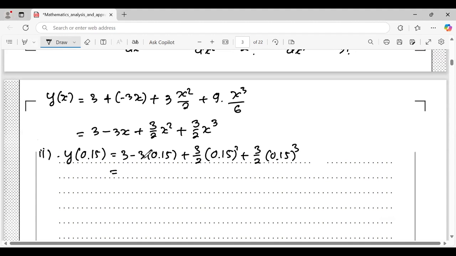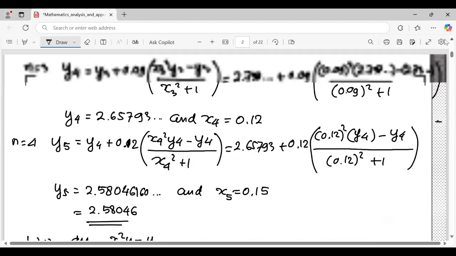And if you calculate, the result is 2.5881. Okay, yeah, this is the result, 6 significant figures.